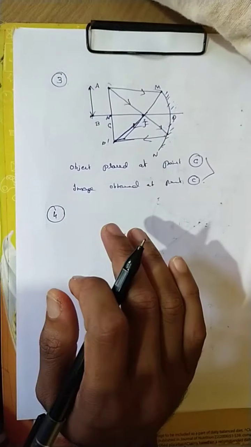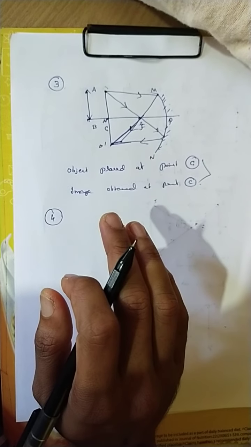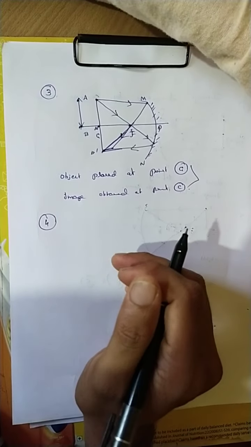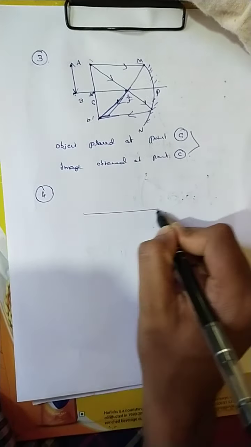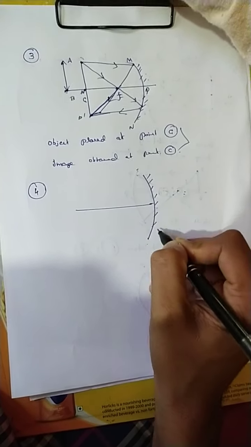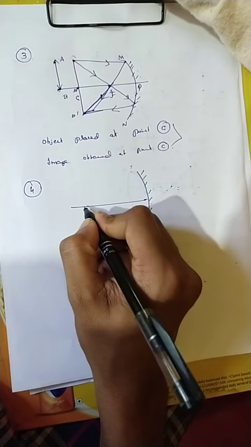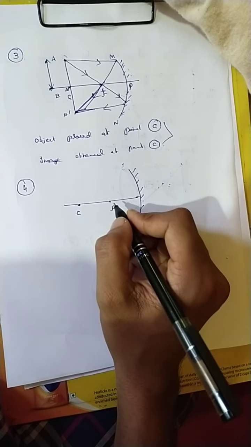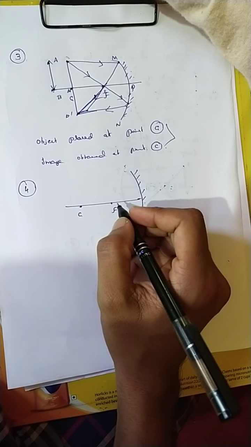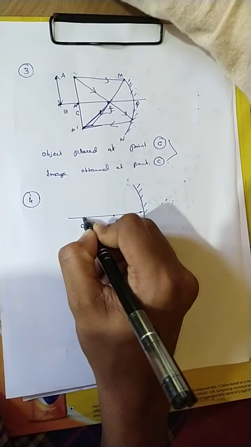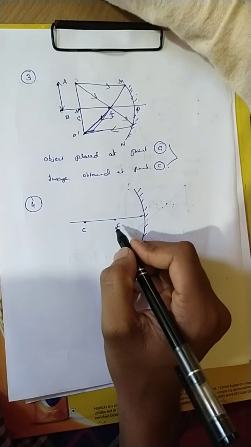Next, the fourth diagram. Right. So these are the first three positions of the object for the given mirror. Now the fourth one is a concave mirror, with the center of curvature and principal focus marked.